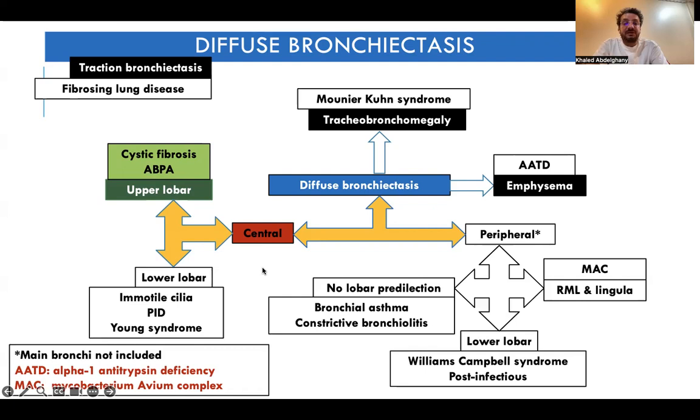And high attenuation mucus is the only radiological differentiation between both. In our case, it was proven clinically to be cystic fibrosis, but in radiology and in HRCT, it's better to mention the differential diagnosis.